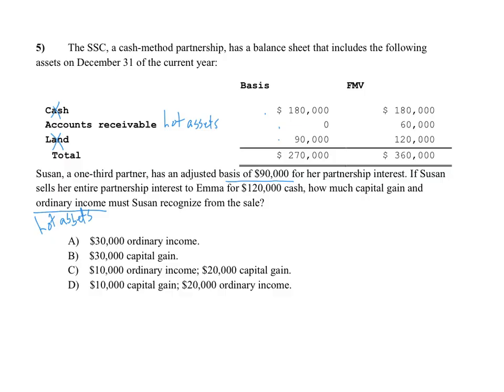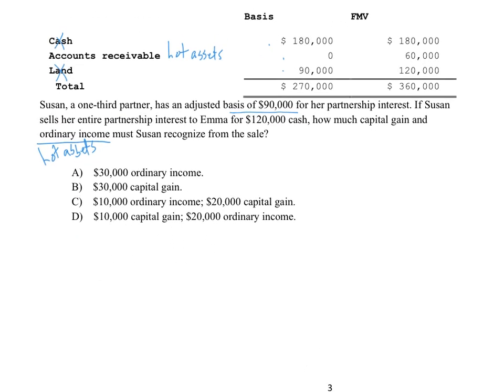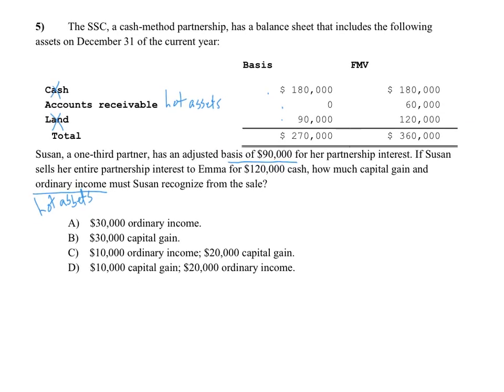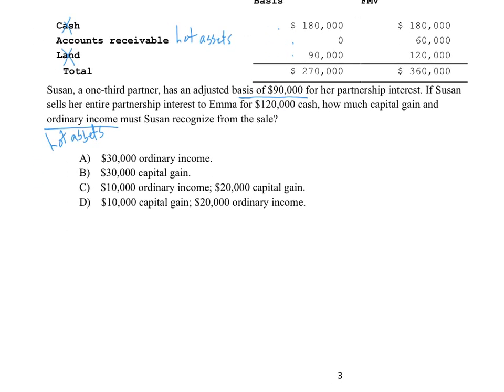All right, so the first thing we need to figure out is how much gain she recognizes on this sale. Again, we have to look at amount received minus basis. What did she get? She got $120,000 cash.